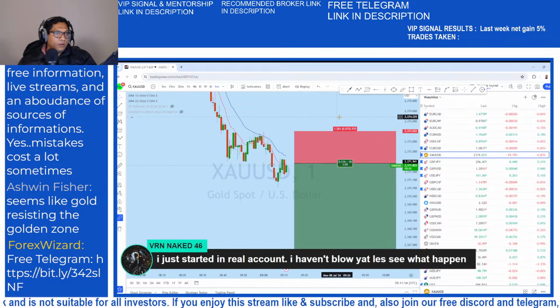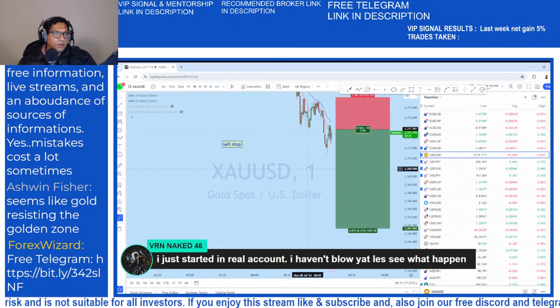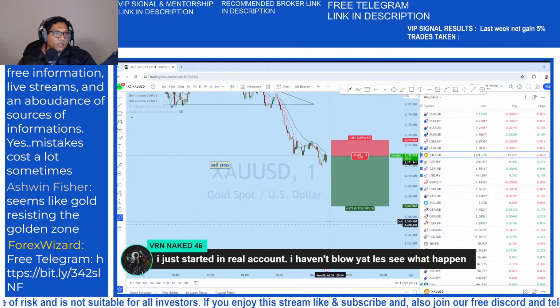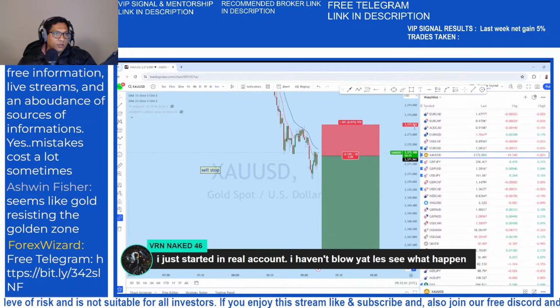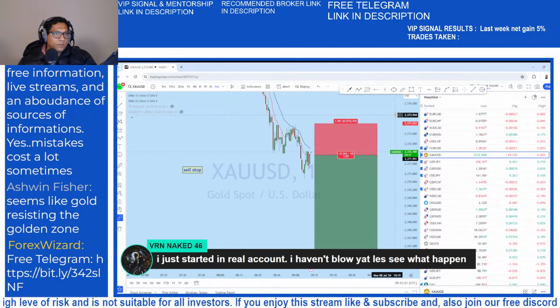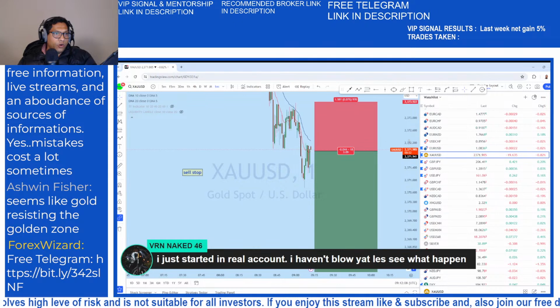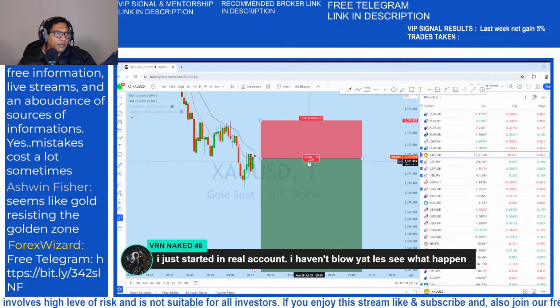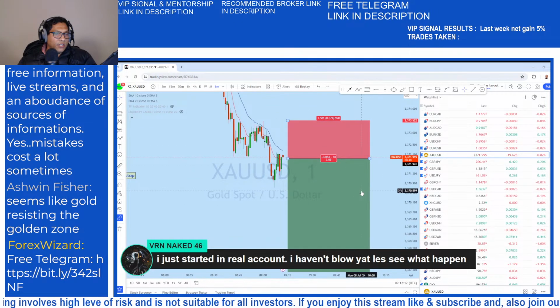So 1 minute chart, and want to see that it's trending in the direction. Pretty important that we see that basically gold is trending in the direction.